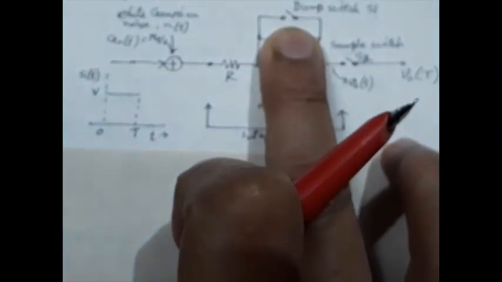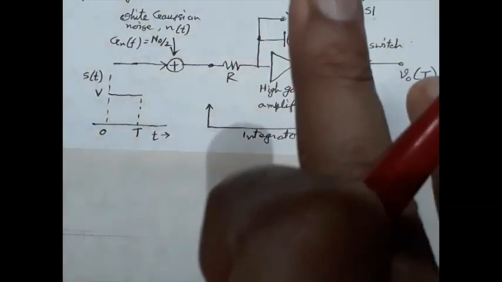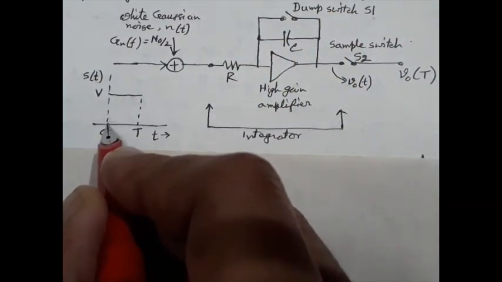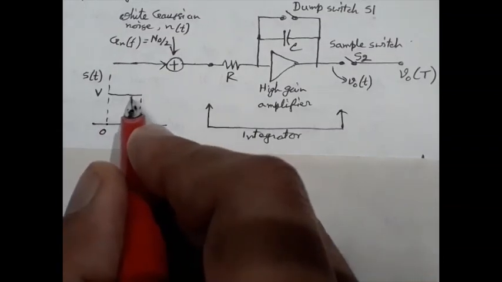So momentarily we close this dump switch S1 so that the charge present in the capacitor will be discharged or neutralized. Now that should be done before giving the actual signal.